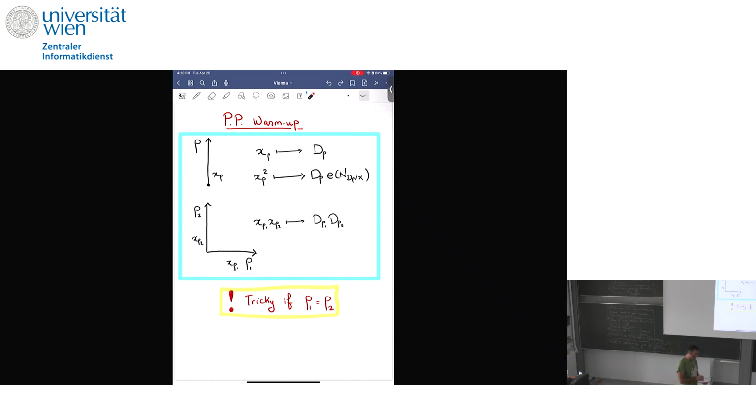Great. And then if I take powers of this piecewise linear function and get, for example, a piecewise quadratic function, x rho squared, what does it get? Well, that's the square of the divisor, which corresponds to the divisor capped by the Euler class of the normal bundle to the divisor in the space.